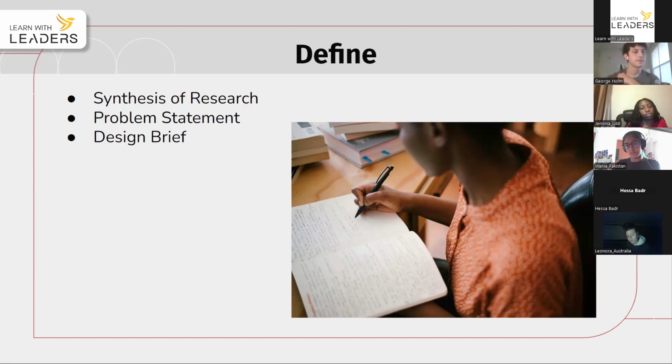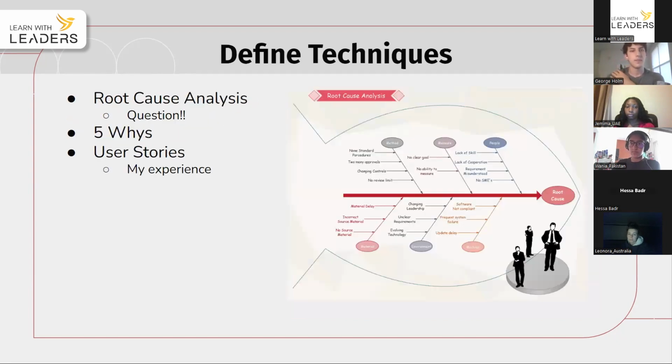Again, we're filtering out the ideas and the things that we came up with in the previous step to try to reach a really workable, clear brief. There are a lot of things that come along with the define phase as well. Root cause analysis is generally the most common part of this.